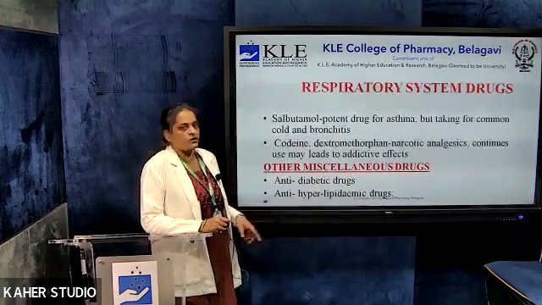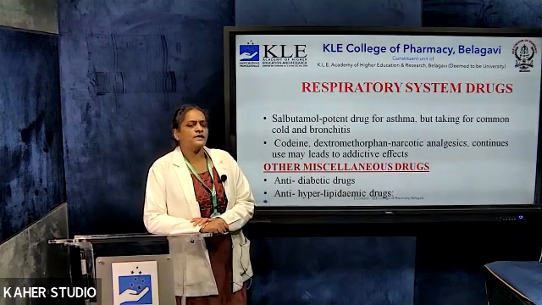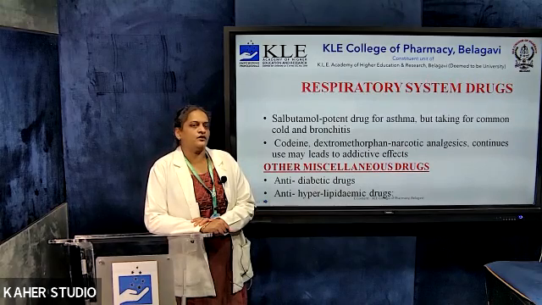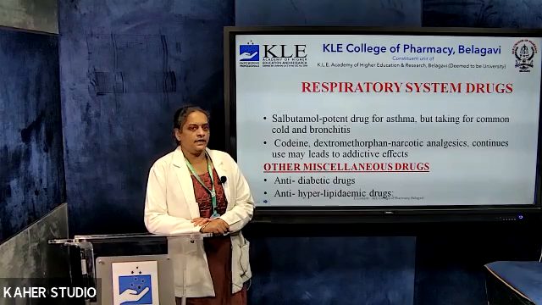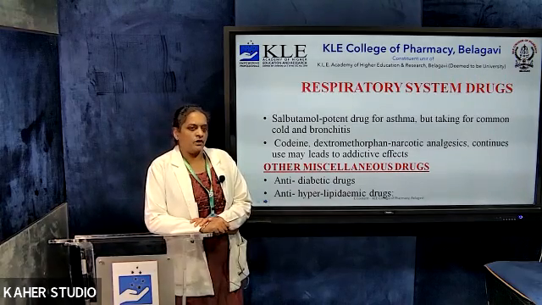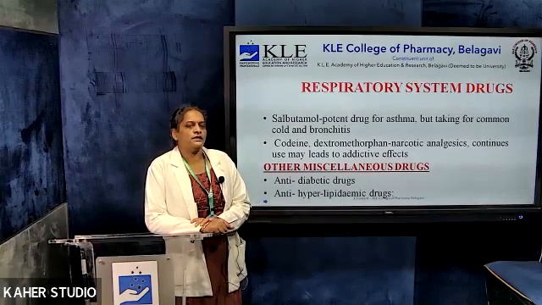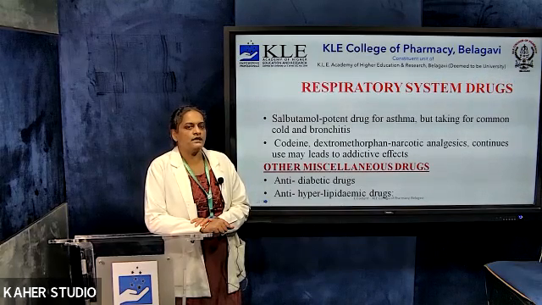Irrational use of antibiotics is also seen nowadays, and especially respiratory system drugs like salbutamol. These are potent drugs for asthma, but salbutamol is widely used for common cold and bronchitis. Among over-the-counter, non-prescription drugs, most are codeine drugs and dextromethorphan, as well as narcotic analgesics.